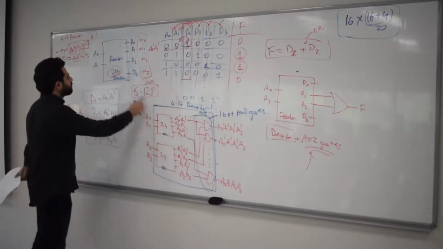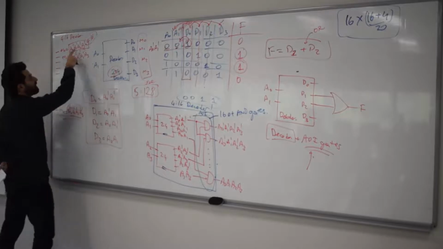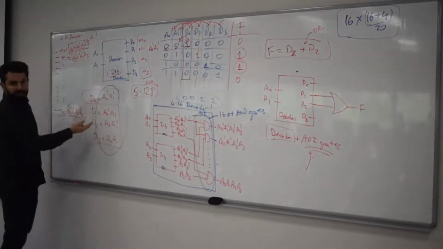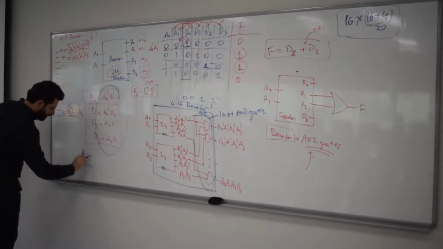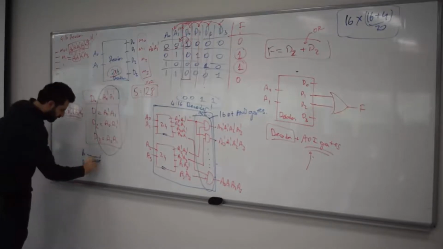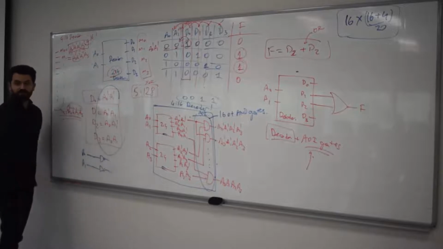Because remember, this 2 by 4, for example, if you'd like to implement these minterms, you also need AND gates, right? For instance, you got A0, A1, right? This says A0 prime, A1 prime. Maybe I have to also have the inverted versions of A0 and A1.